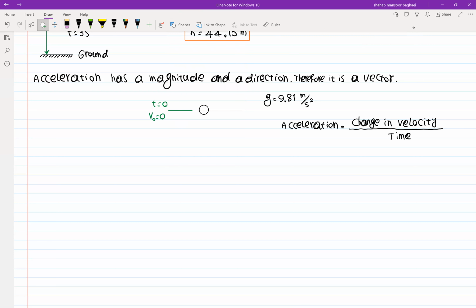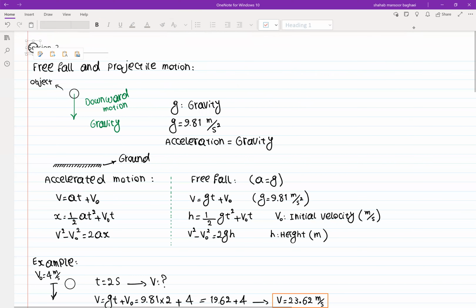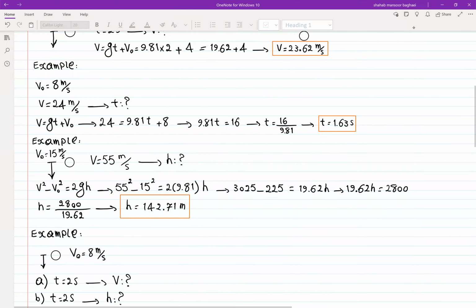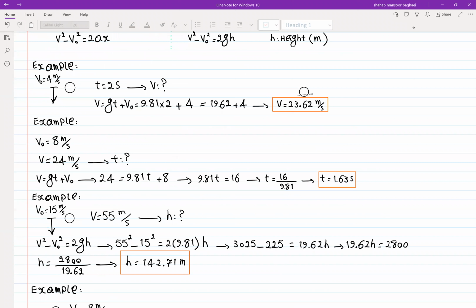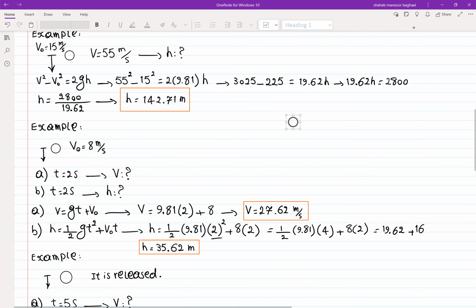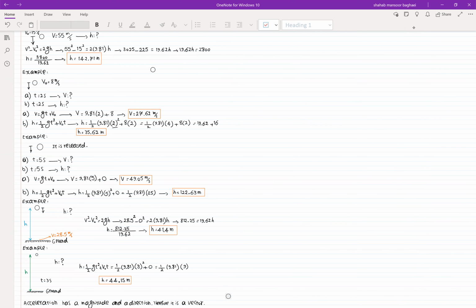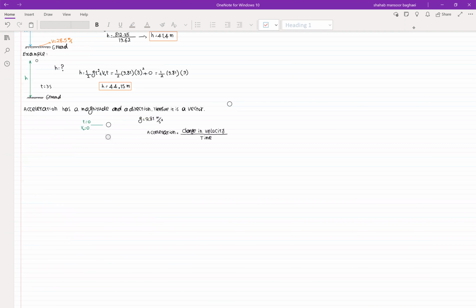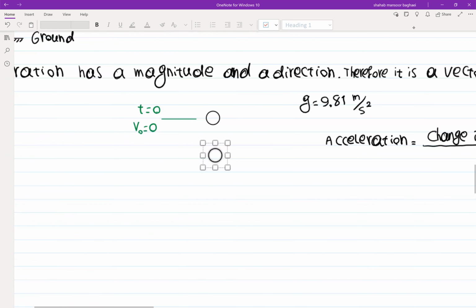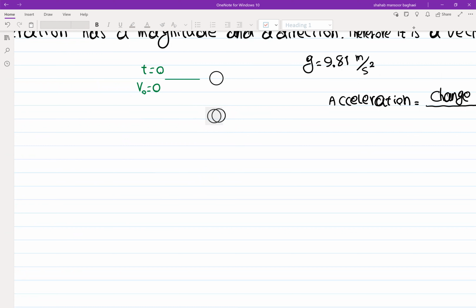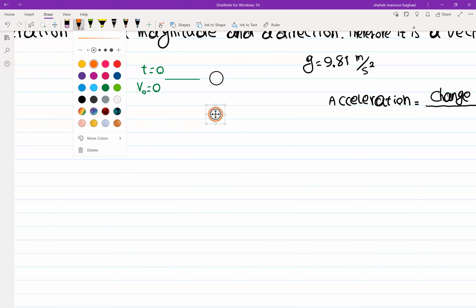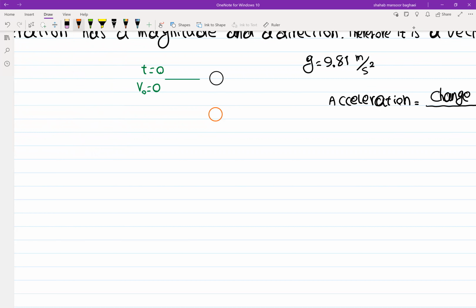Imagine it's here at t equal to 1. So what happens for t value?